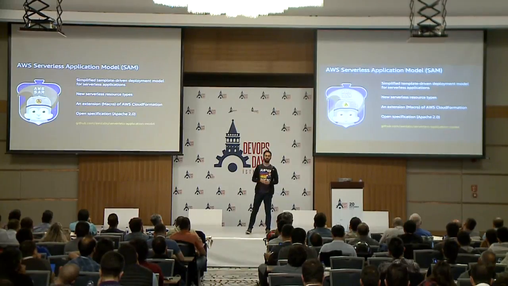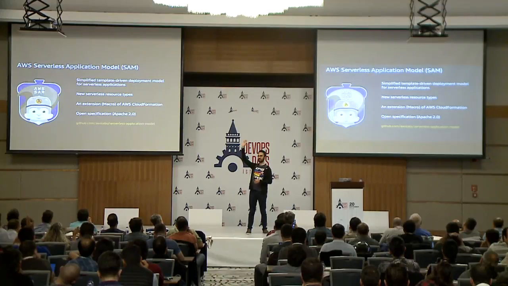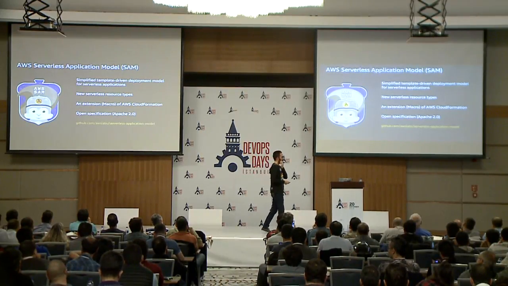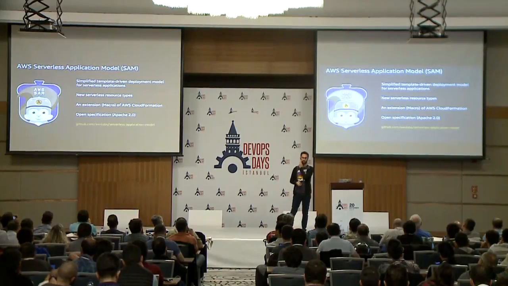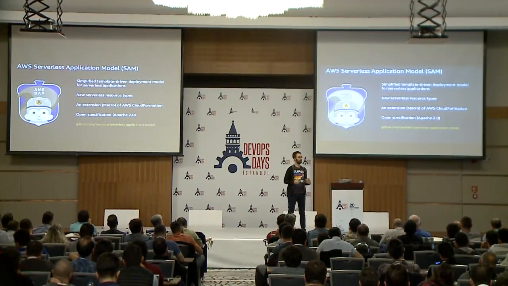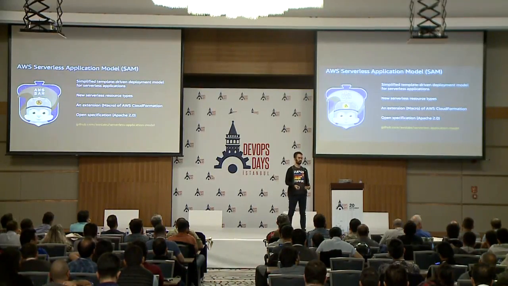So how many here have heard of AWS SAM, the Serverless Application Model? Raise your hands. A few. Nice. So SAM, besides being a nice squirrel, is an extension of CloudFormation. CloudFormation is how we do infrastructure as code in a managed fashion within the AWS platform.